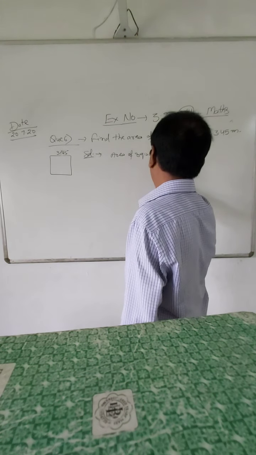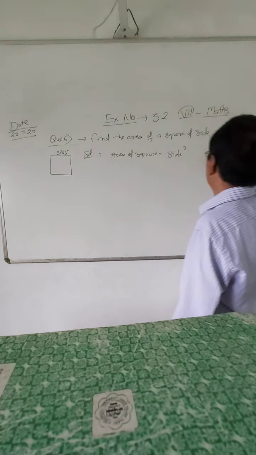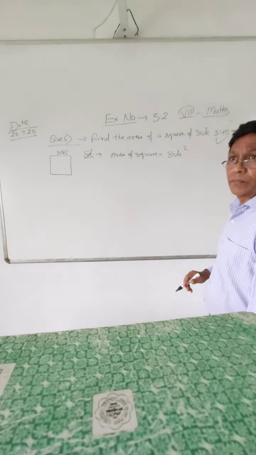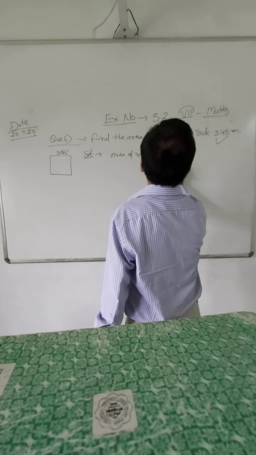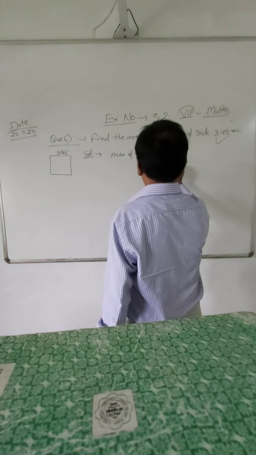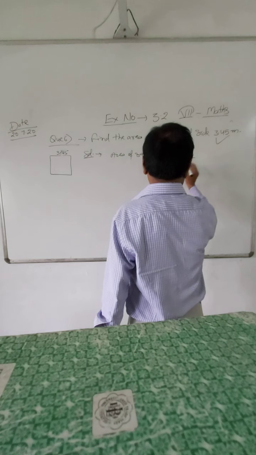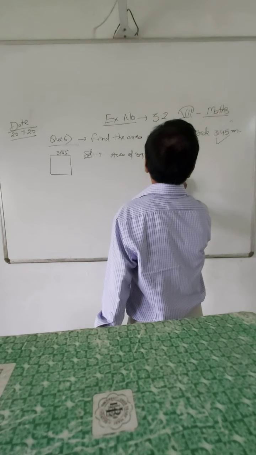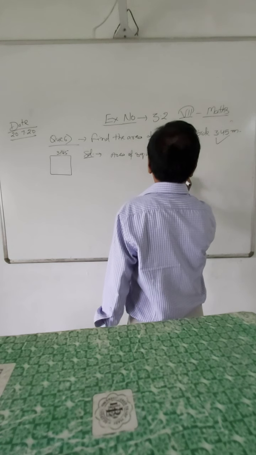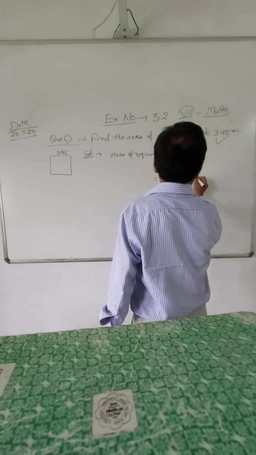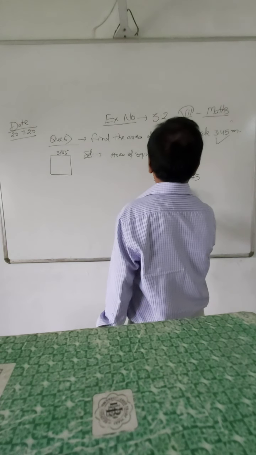Area of square is equal to side square. And here the side is given as 3.45. So 3.45 square means 3.45 into 3.45. This you multiply here.